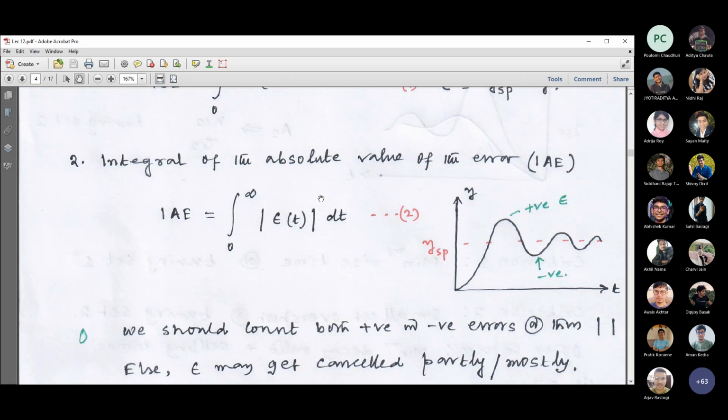Thus absolute value we consider. And it is shown graphically also. Epsilon may get cancelled partly or mostly. That's why the absolute value is taken into account in this IAE criteria.